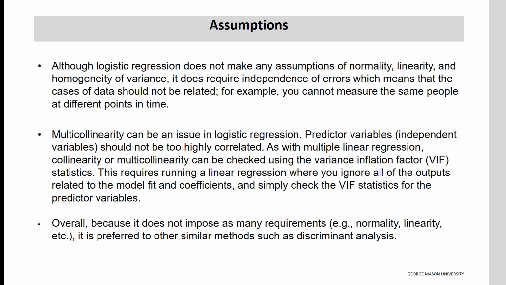This requires running a linear regression where you ignore all of the outputs related to the model fit and coefficients and simply check the VIF statistics, the variance inflation factor statistics, for the predictor variables.